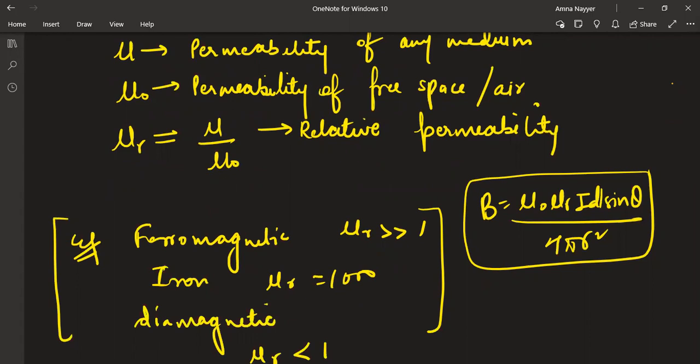This is exactly like permittivity, which governs the magnetic field with respect to the medium. For different media, you have different values of permeability. So mu r is equal to mu divided by mu naught. Mu is the permeability in any medium, and mu naught is the permeability in air or free space.